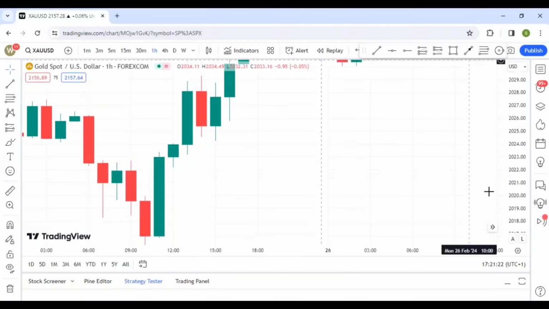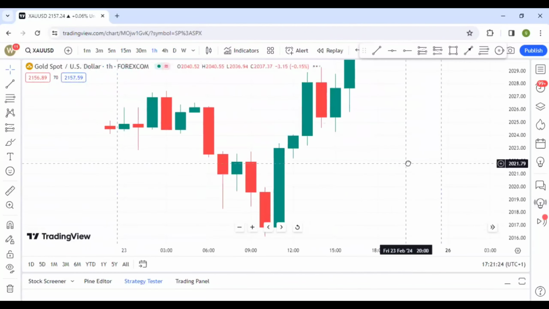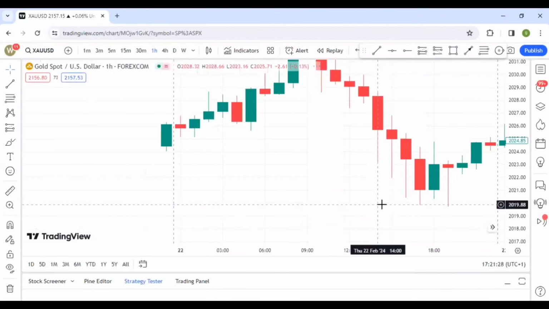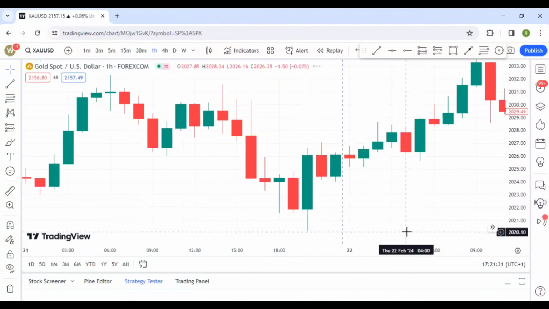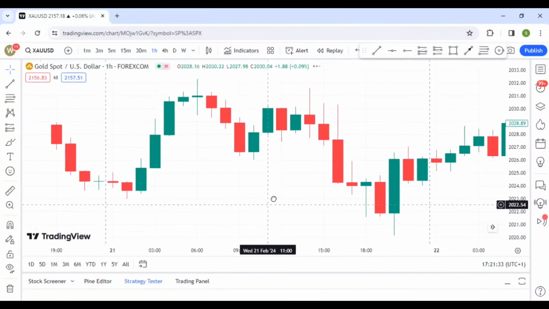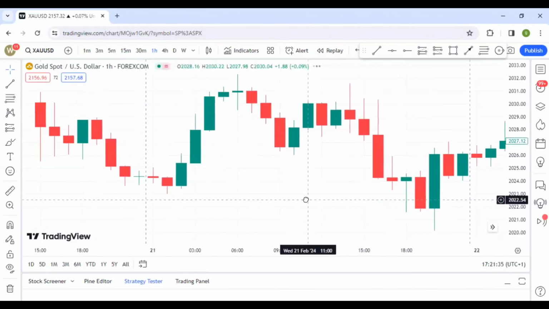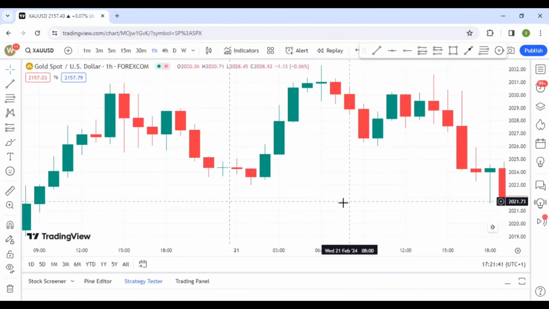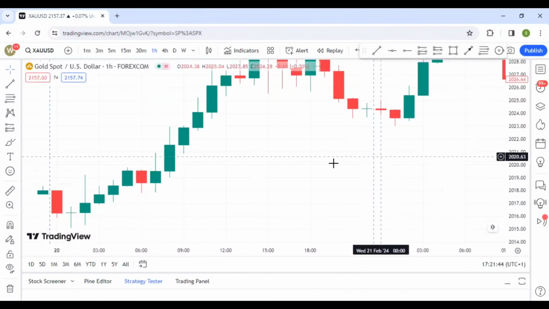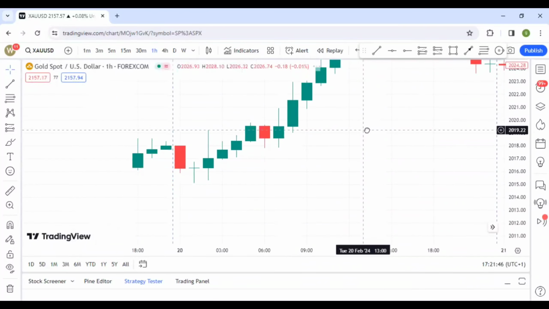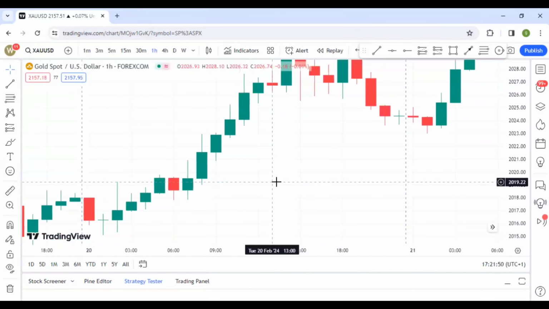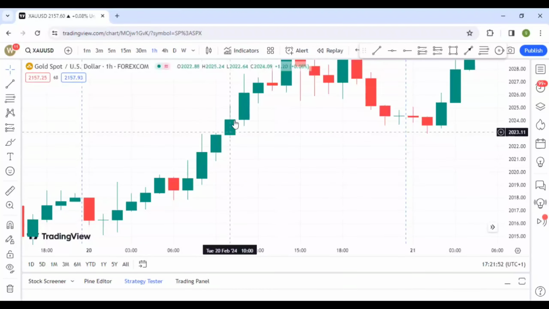Let's see if we can get it. If we can still make use of this one, you can say 1, 2, 3.